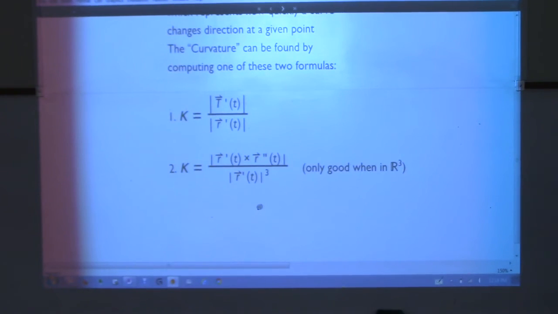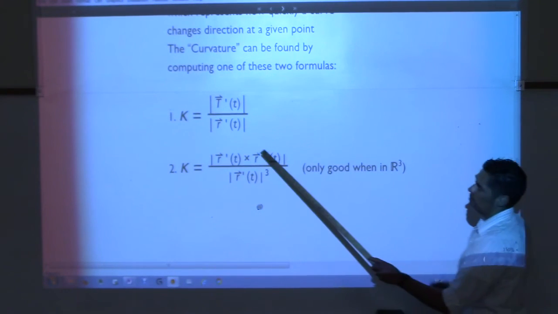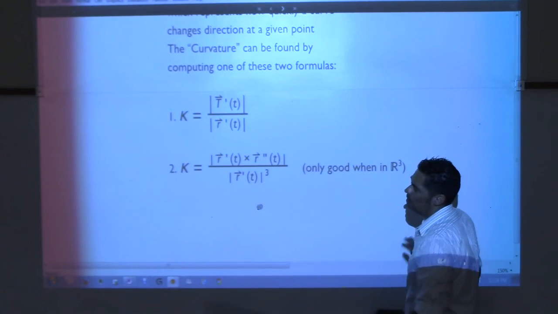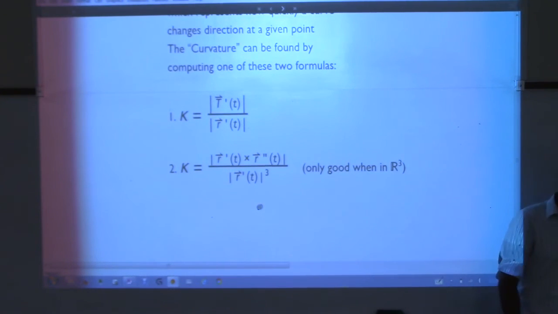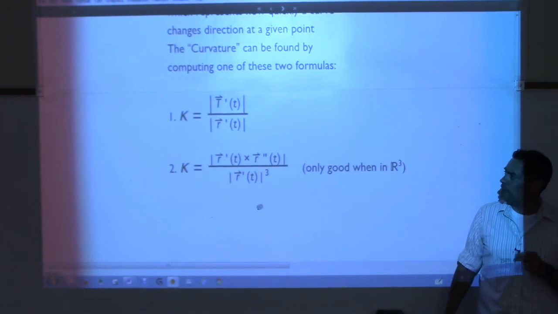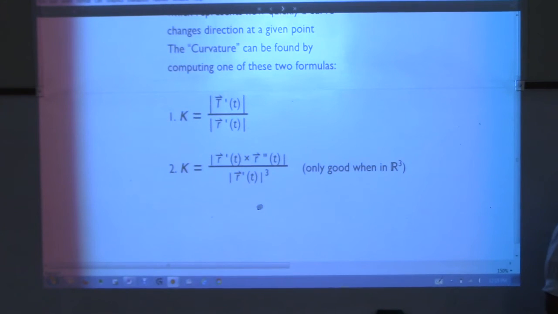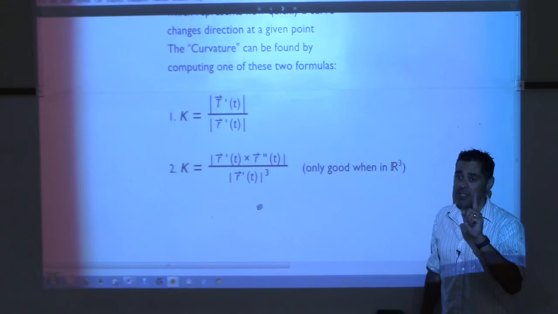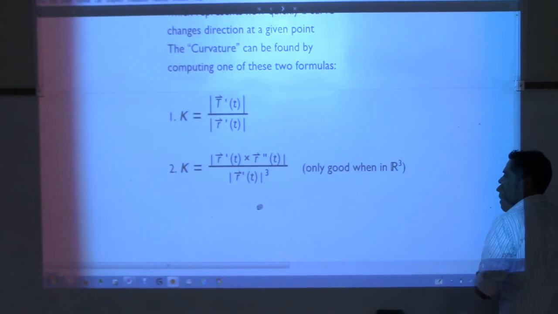There they are. The first one, we use this k for curvature. The first formula is you take the magnitude of the derivative of capital T. Do you all remember what capital T was? It was the unit tangent vector. I'll write it up here in case you've forgotten.